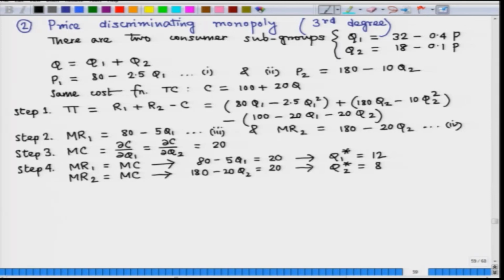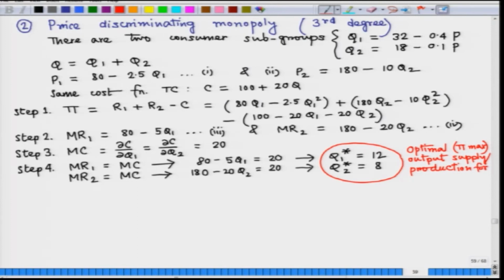So, note that I got my optimal, meaning profit maximization, output, supply, or you can say production, for the 2 markets, right.